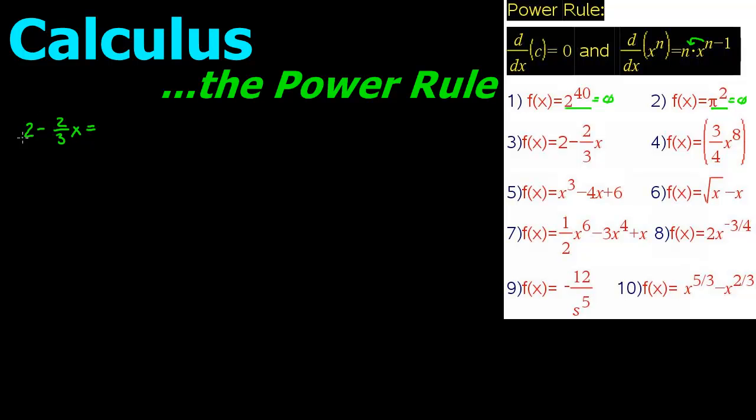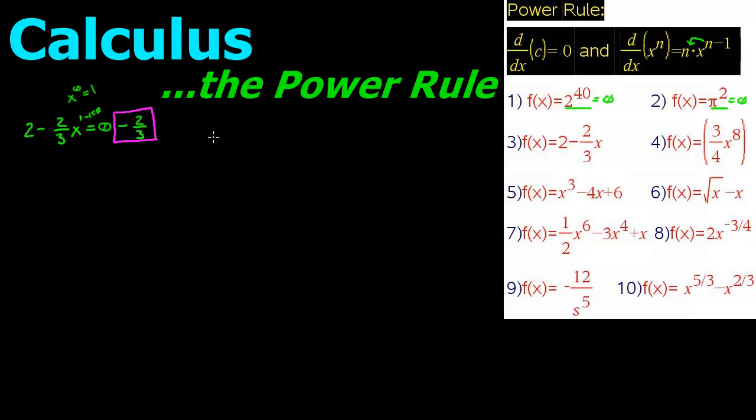We know that the derivative of a constant is 0, and we're going to take the exponent of this 1, so you can imagine there being a little 1 up here. 1 times 2/3 is going to leave us with 2/3, and because we subtract 1, 1 minus 1 is going to give us 0, and anytime you have x to the 0 power, it's just going to equal 1. Okay, so we're losing our x right there. Alright, so the derivative of this function is just going to be this negative 2/3.